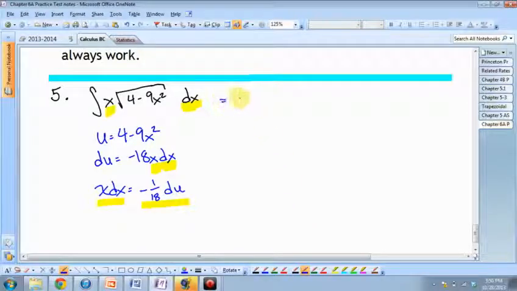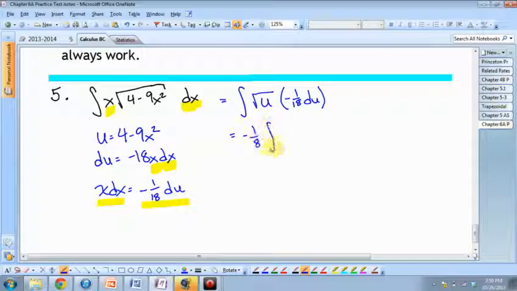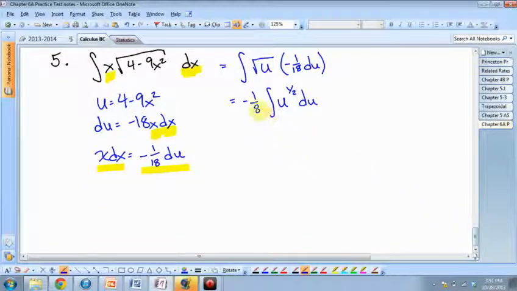So that becomes the antiderivative of square root u times negative 1/18 du, which is negative 1/18 integral of u to the 1/2 power du, which is negative 1/18 times 1 over 1/2 plus 1 times u to the 1/2 plus 1 plus constant.